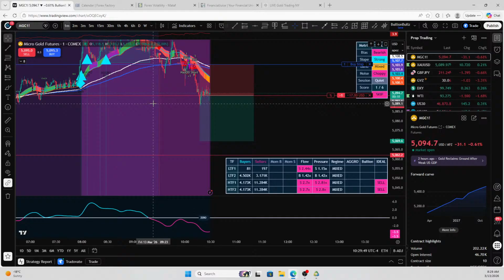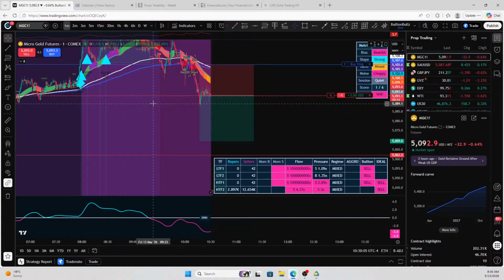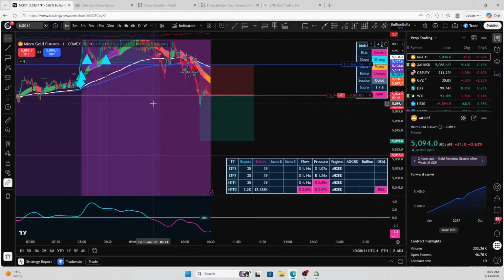Let's see what happens. Buyers try to step in short term.